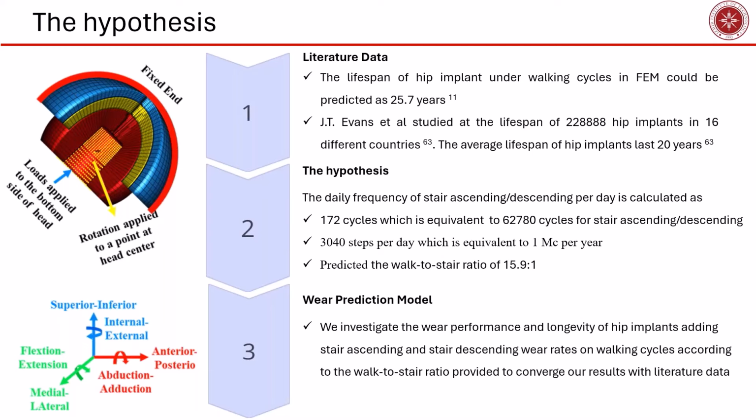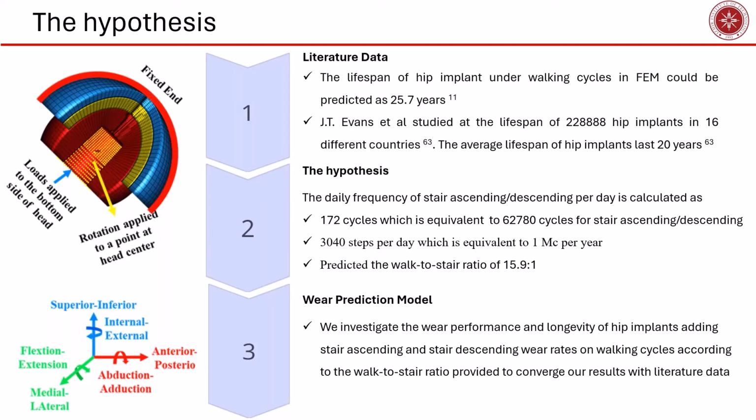In the hypothesis of this work, the daily frequency of stair ascending and descending is calculated as 172 cycles, which is equivalent to approximately 63,000 cycles for stair ascending and descending activity.